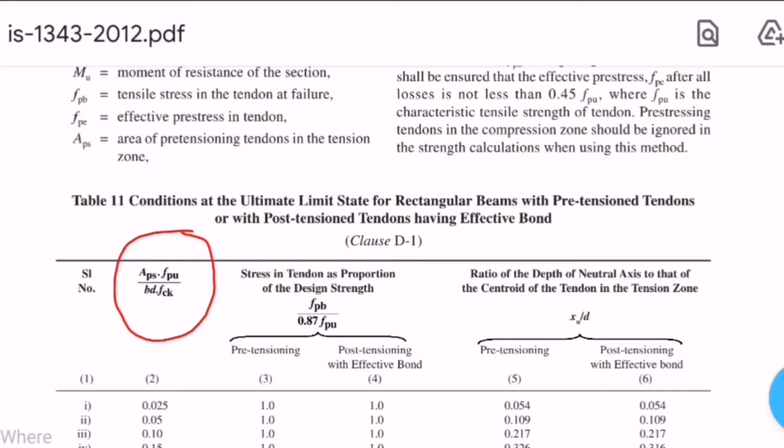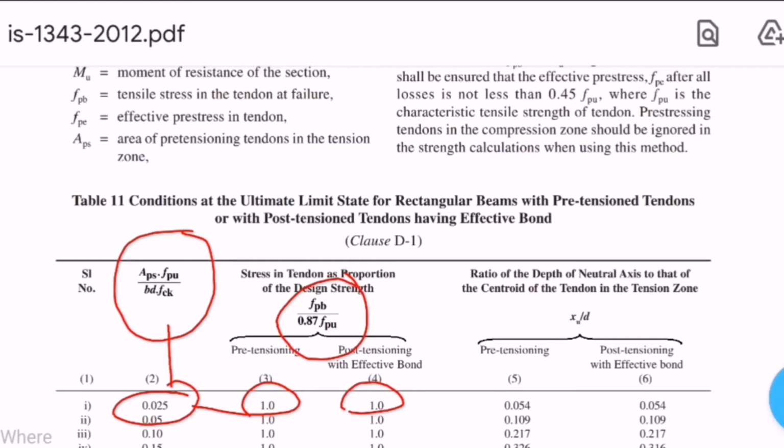Based on this value, we have to find this FPB by 0.87 FPU, and depending on the corresponding value, we have to go for this and this based on whether it is pre-tensioning or post-tensioning.